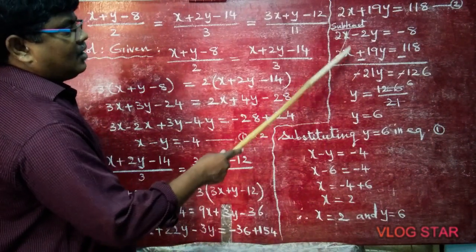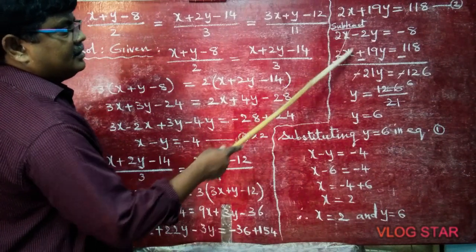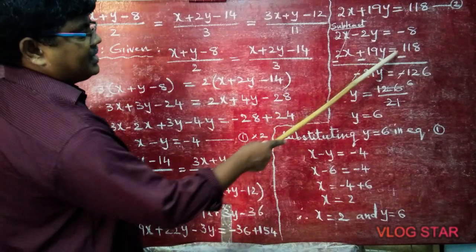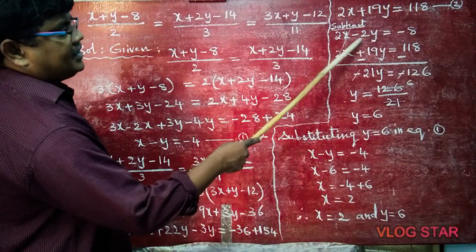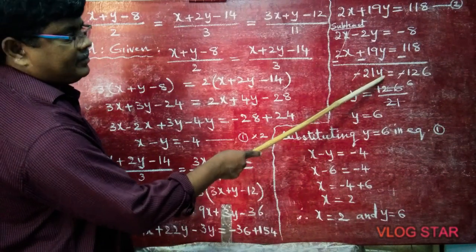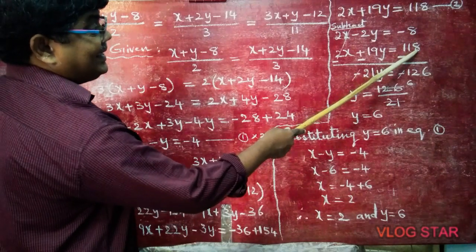Now I am eliminating. How to eliminate? If signs are the same, I am subtracting. So subtract, then the second equation's signs change. Plus becomes minus, plus becomes minus. Plus and minus get cancelled. Minus 2y, minus 19y, will be minus 21y, is equal to minus 8 minus 118.